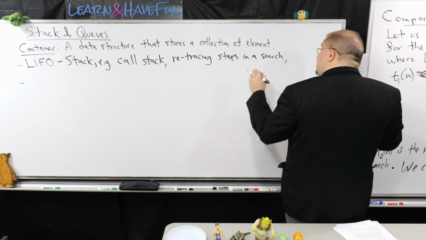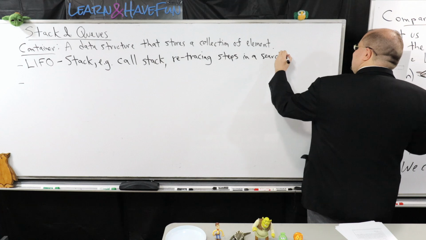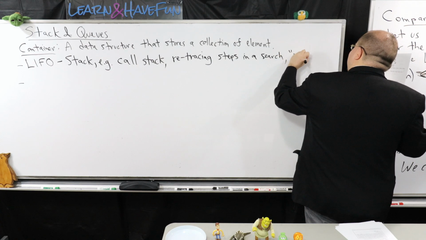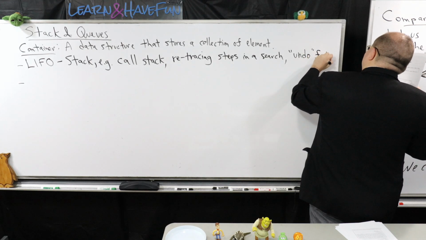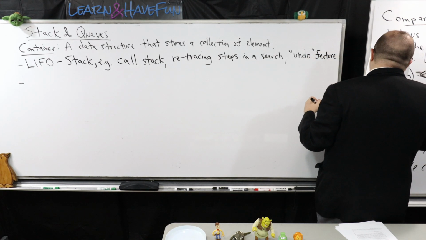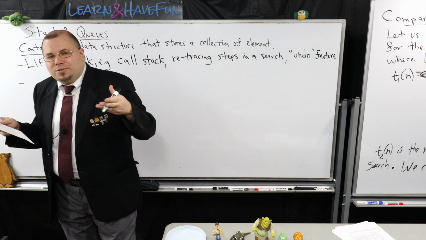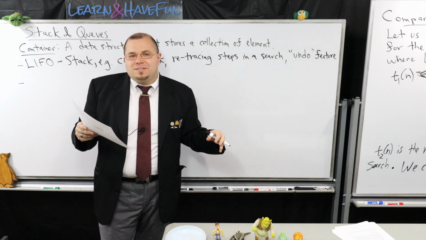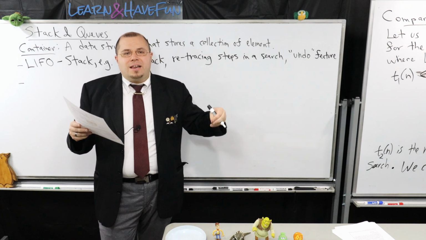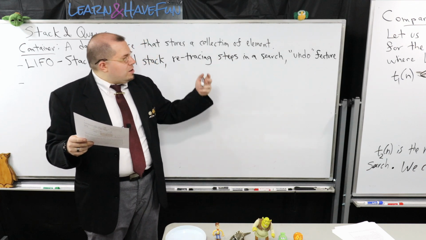Generally, it's good for coming back to things after you've tried everything, or for unwinding steps that you've made. You might know of something like an undo feature. Some programs have an undo feature. Think of a word processor: you type in some words and want to go back to the state of the program before you typed those words, so you use an undo feature.